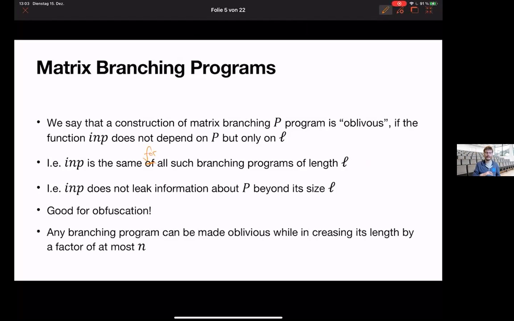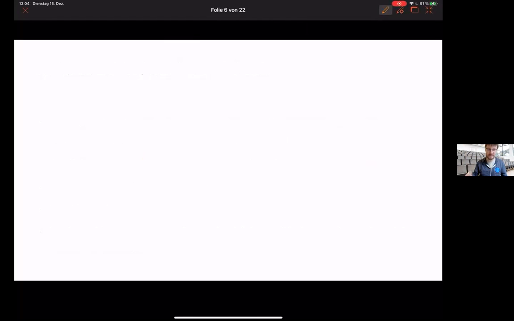So a nice thing about branching programs and oblivious branching programs is we can achieve that in an almost trivial way, just by filling up a branching program.